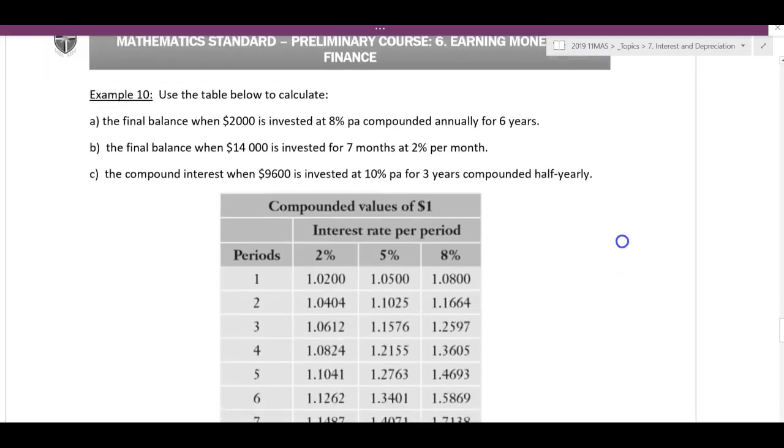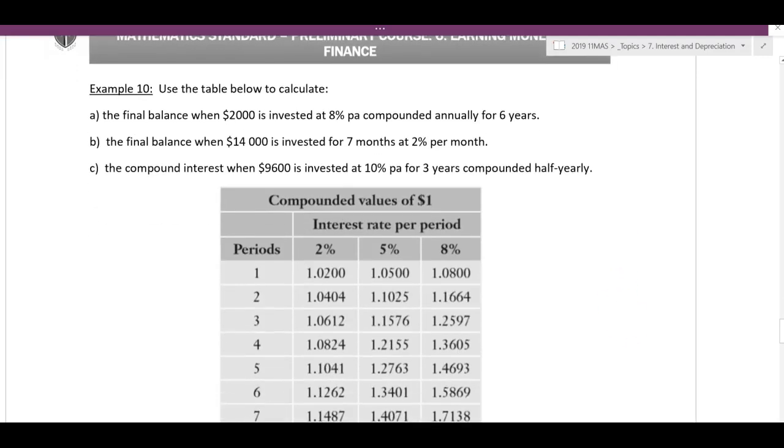So, this tells me the compounded values of $1. It means that if I invest $1, it's going to tell me how much that's going to be worth after different lengths of time, earning different interest rates. These periods could be months, years, quarters, or half years, who knows?